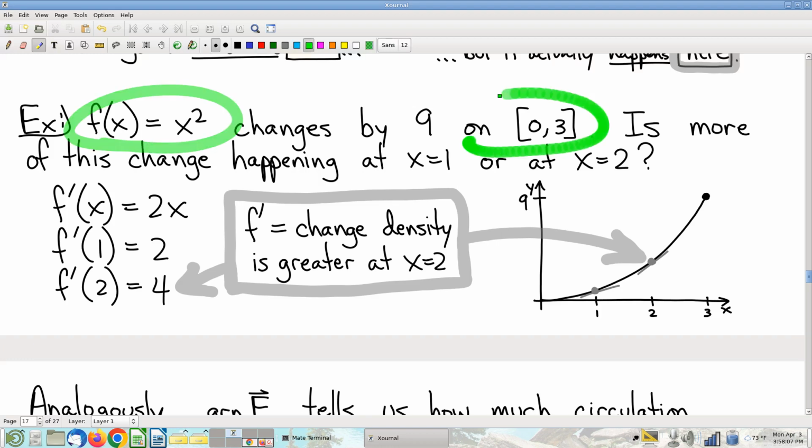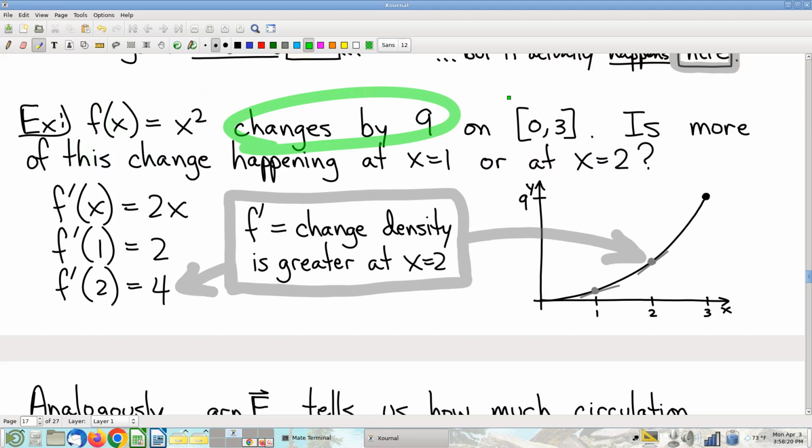On the interval from 0 to 3, the function starts with value 0 and ends with value 9, so it changes by a grand total of 9. Let's ask the question now: how much of this total amount of change that I've detected on the boundary is happening at this point 1 versus at this point 2?